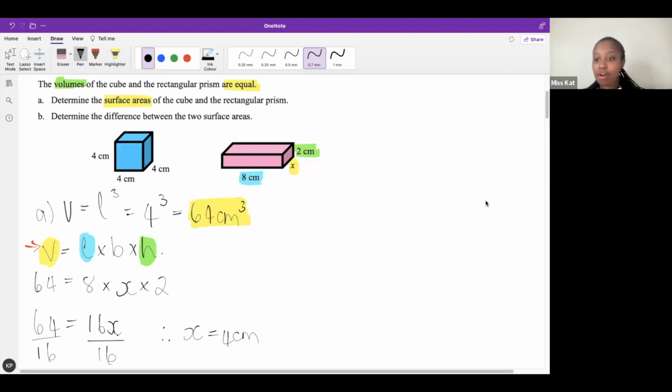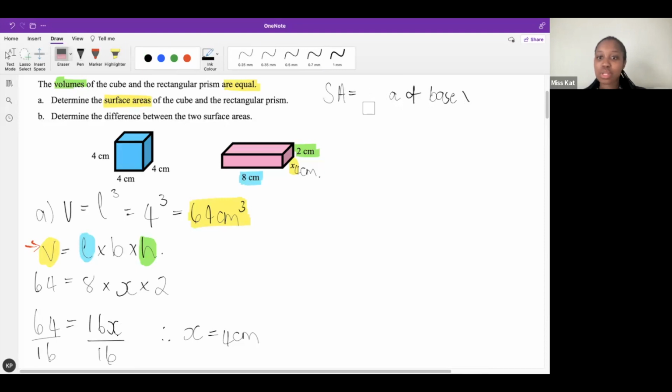Okay, so we are on 4. Now we have x, which is 4 centimeters. But what they asked us is to determine the surface area. They didn't ask us for x. So remind me again, surface area. Surface area equals area of base times, nope, that's volume.